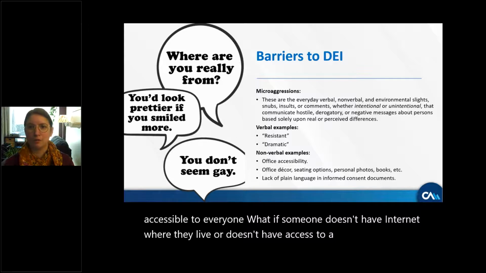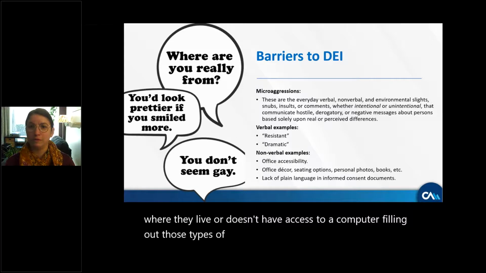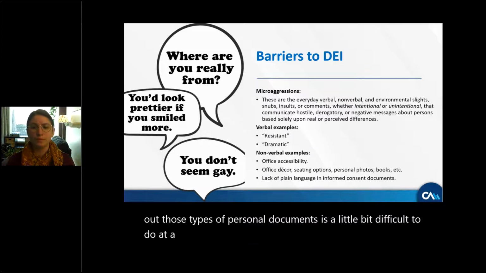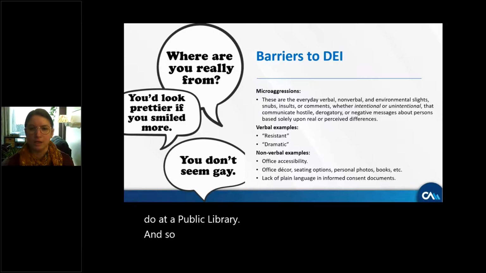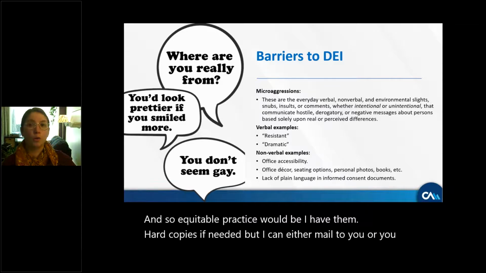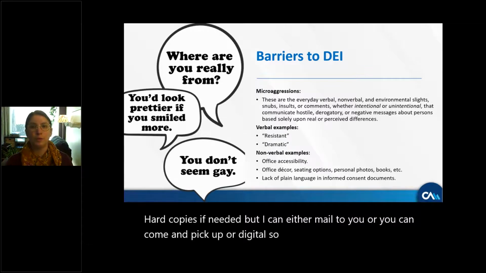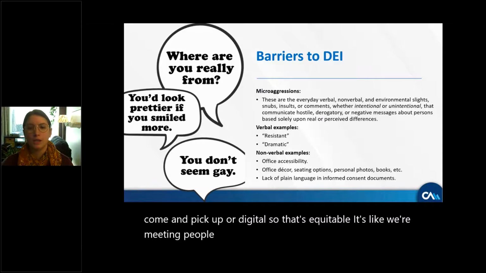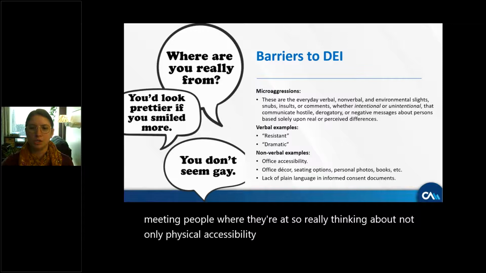Filling out those types of personal documents is a little bit difficult to do at a public library. And so equitable practice would be, I have hard copies if needed, that I can either mail to you, or you can come and pick up, or digital. So that's equitable. It's like we're meeting people where they're at. So really thinking about not only physical accessibility, but accessibility to documentation.